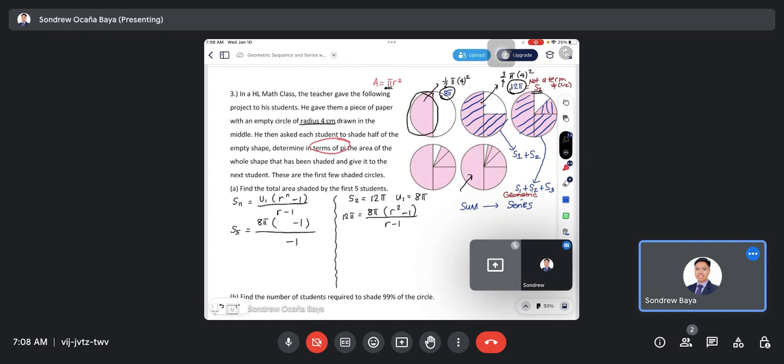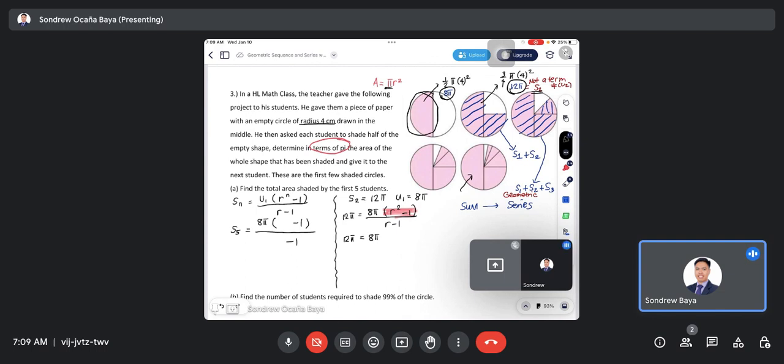Now, in this case, before you make use of any GDC, let's simplify this first, especially if the points in the IB exam are quite high. The examiner would want to see you simplifying this. So basically, we can factor this one out. So recall your factorization methods. 12 pi is equal to 8 pi.